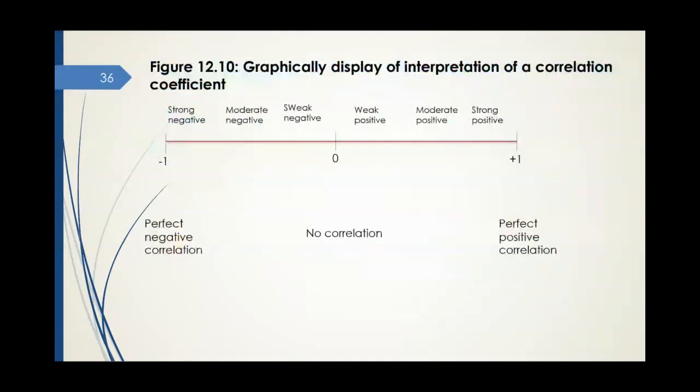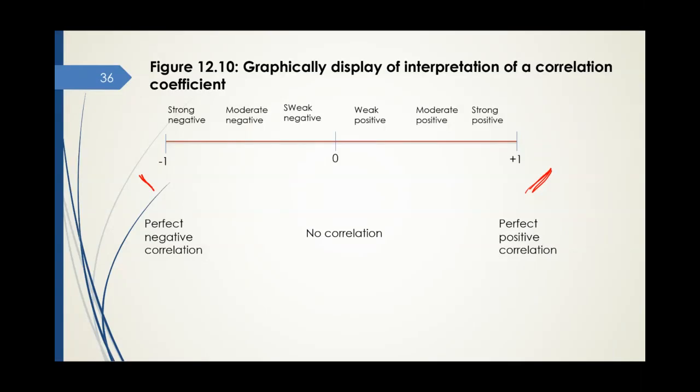Here, I can explain it via this graph. The correlation will fall between -1 and +1. If something is either -1 or +1, there's a very strong relationship, whether it's negative or positive.